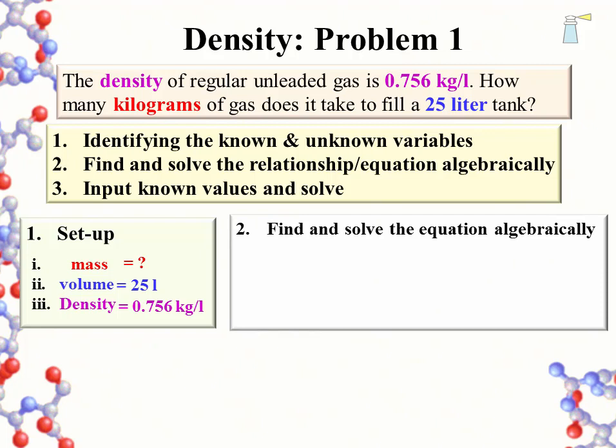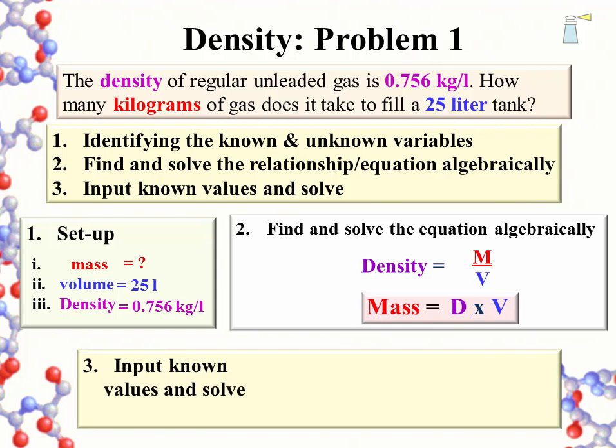Do we know a relationship between the known values of density and volume and the unknown value of mass? Yes, the definition of density. Is it solved for the unknown variable mass? No. Here we could do the algebra, cross multiply, or use the DMV triangle to get mass equals density times volume. Step 3, input known values and solve.